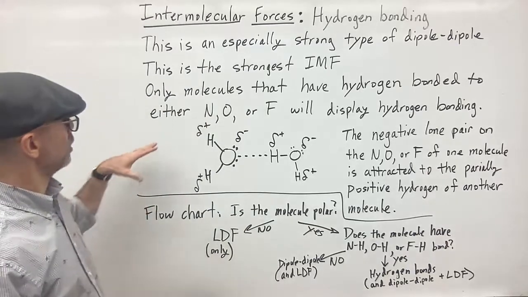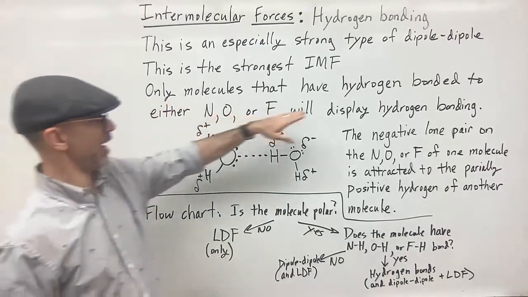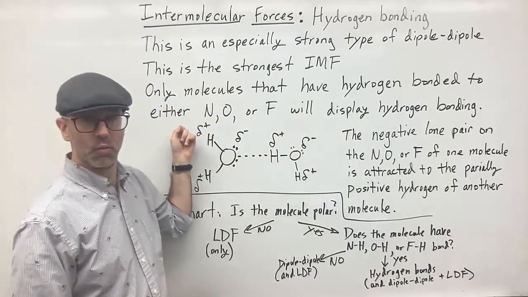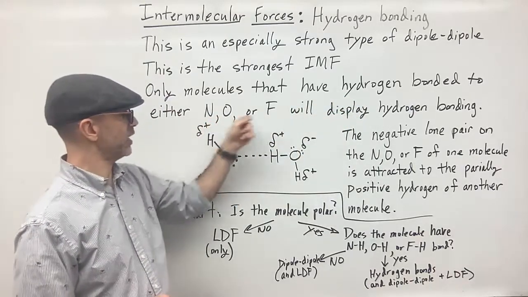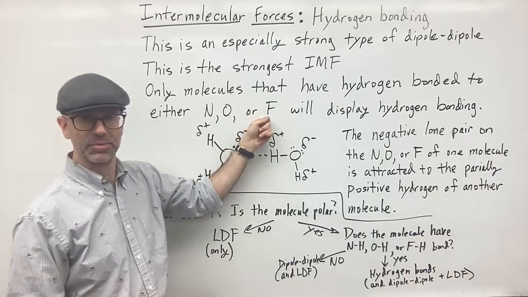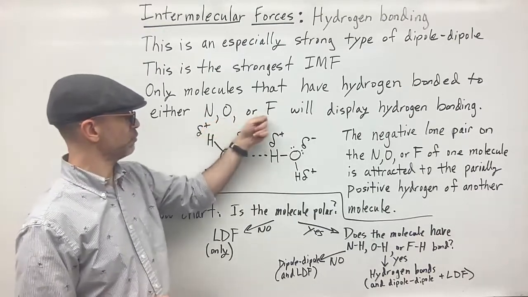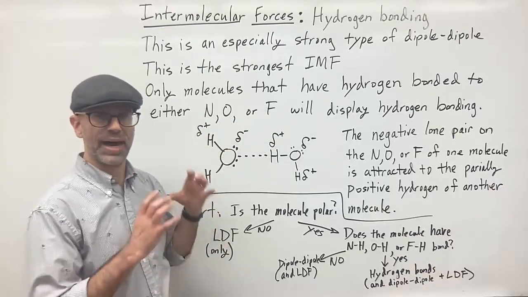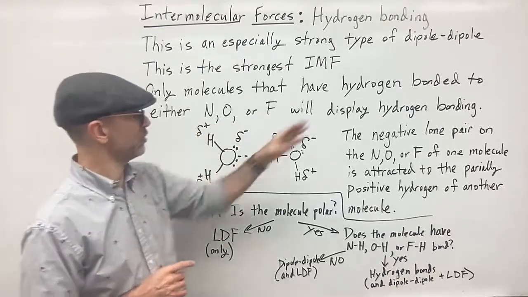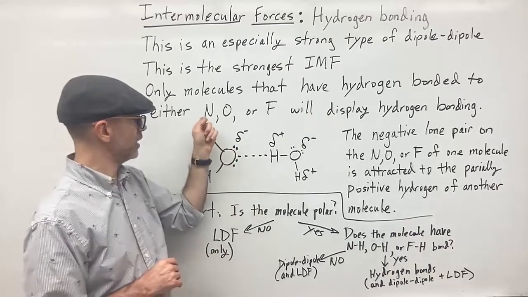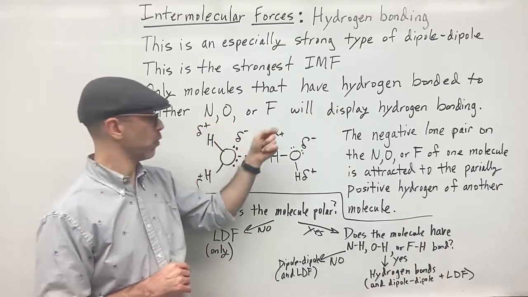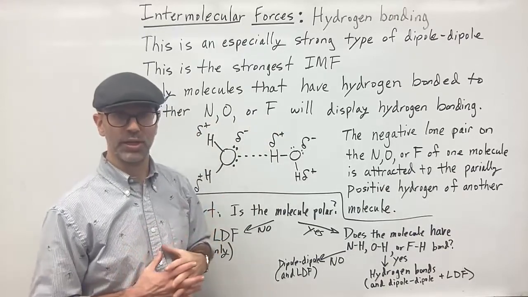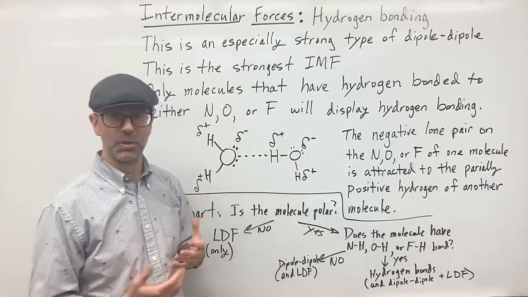That's because only molecules that have a hydrogen bonded to one of these three very electronegative atoms, nitrogen, oxygen, fluorine, display it. So if you have a molecule with a hydrogen bonded directly to a nitrogen, oxygen, or fluorine, then that molecule will display hydrogen bonding.